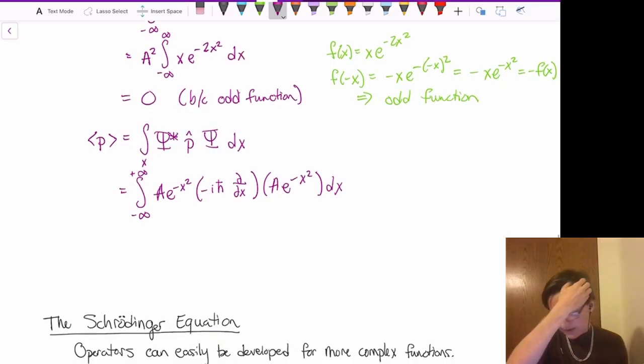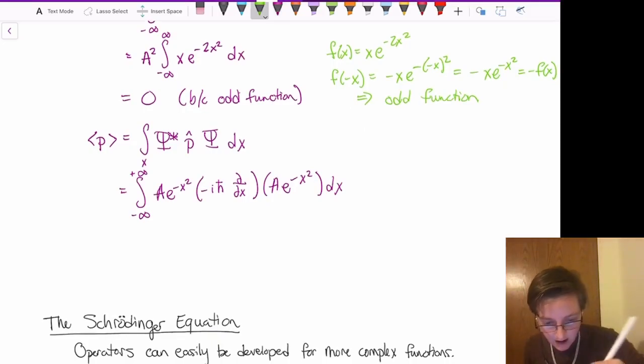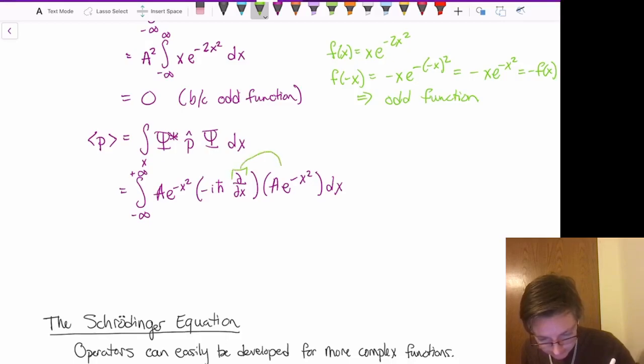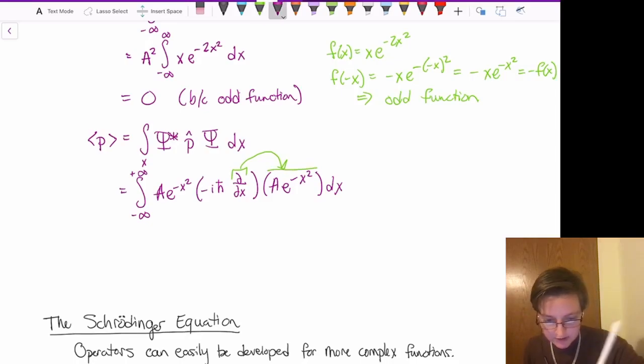For this operator, this derivative is going to apply to this entire term right here. To simplify this expression, we really need to take care of all the derivatives that show up in our integral before we think about doing any integration, so we're going to need to take this derivative.